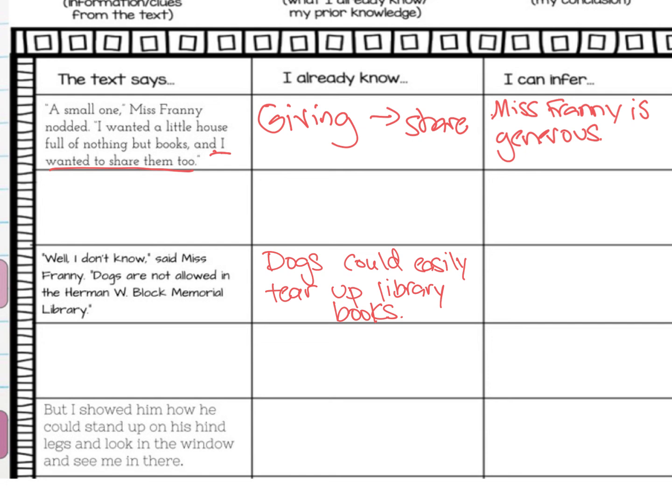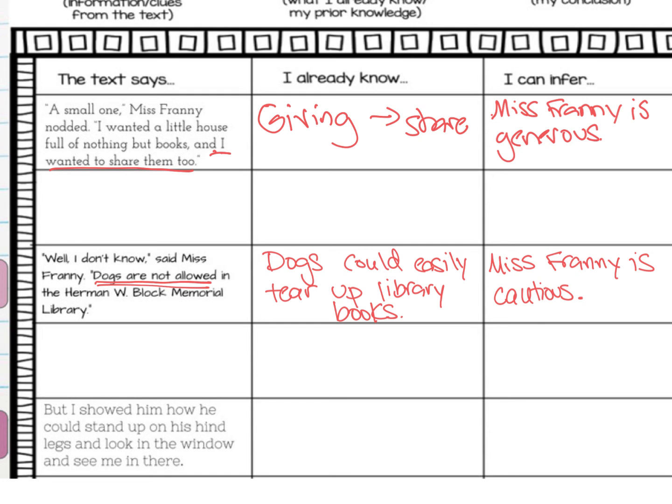Since she stops and she thinks about the rules, dogs are not allowed, this tells me Miss Franny is a rule follower. I'm going to use the word cautious. Miss Franny is cautious. That means she takes the time to think about her actions before she just allows it to happen.